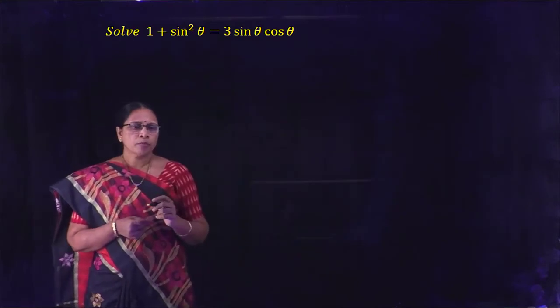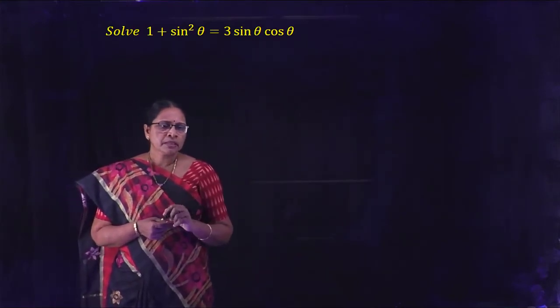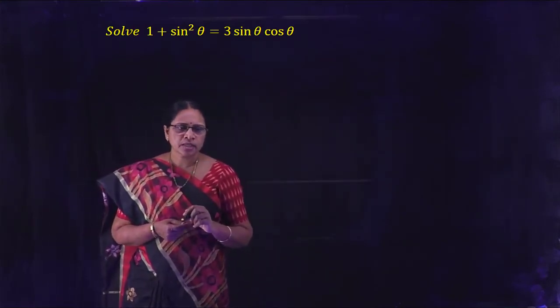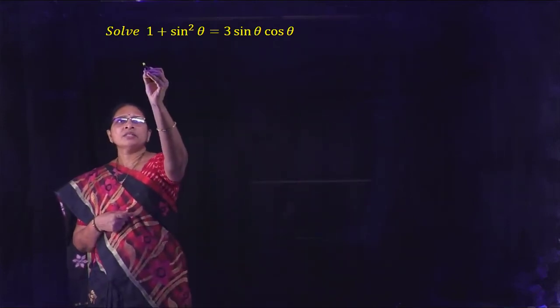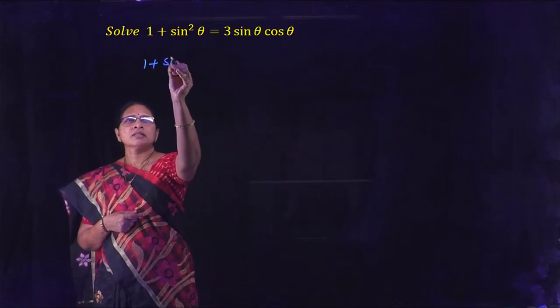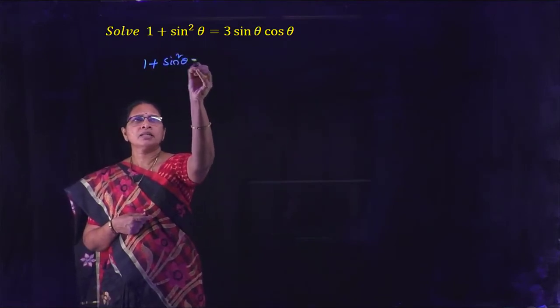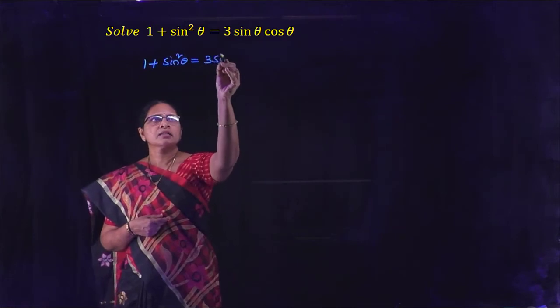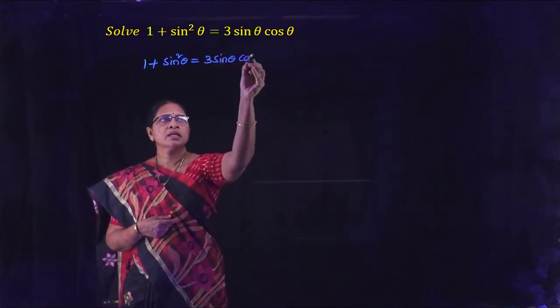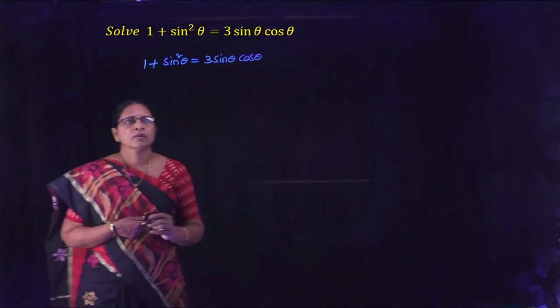See the next problem. Solve 1 plus sin square theta equal to 3 sin theta cos theta. The given equation is 1 plus sin square theta is equal to 3 sin theta cos theta.